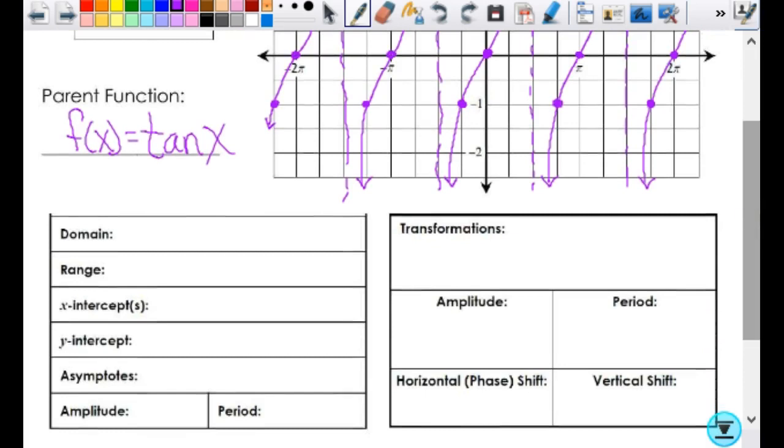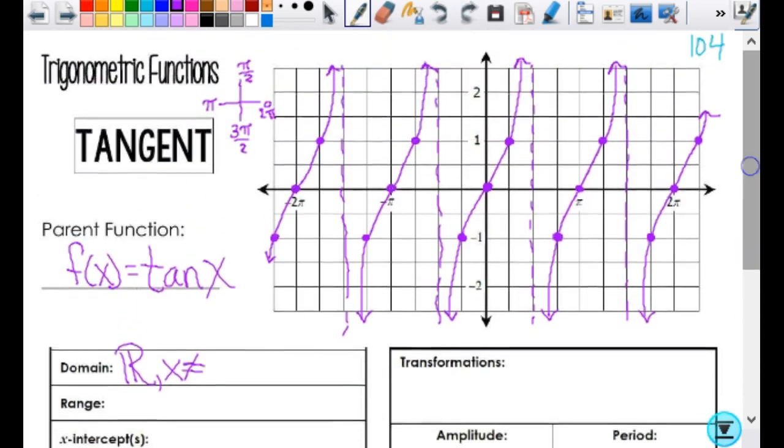Domain here. There's a whole lot of domain, but there's a whole lot of stuff that doesn't also. Would you agree with that? So we have to write this kind of an odd way. All real numbers, except that it's not really all real numbers. X cannot be certain things, right? What is the first thing starting at 0 that X cannot be?